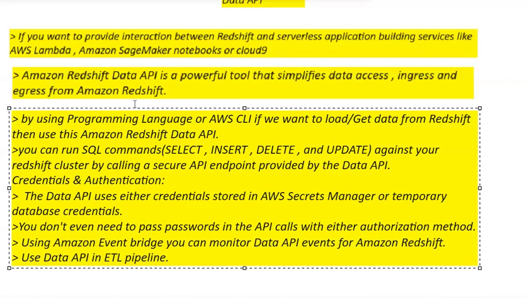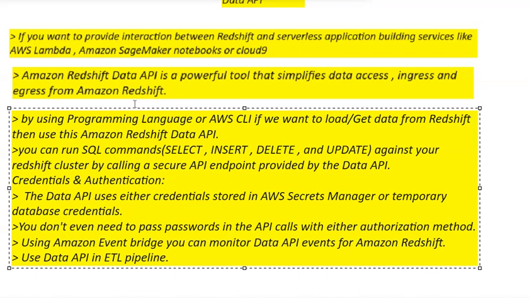Let's see how we use the Data API in this process. During data ingestion, we use this Data API to ingest data into Redshift. During data transformation, we need to execute SQL transformation queries, right? For that also we use the Data API.